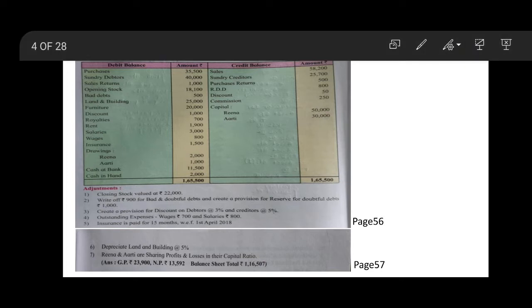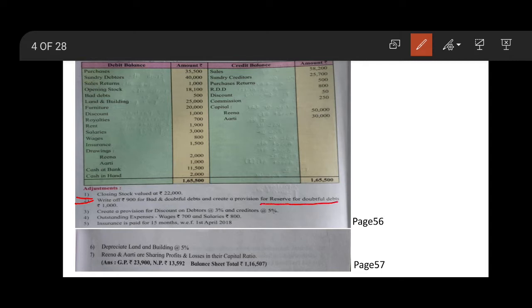The next is to mark out the adjustments as we usually do. The adjustments are given here down the trial balance. We'll mark out the adjustments here. The first adjustment is about closing stock, that we don't mark. Next is write off 900 as bad debts and create provision for doubtful debts, 1000.